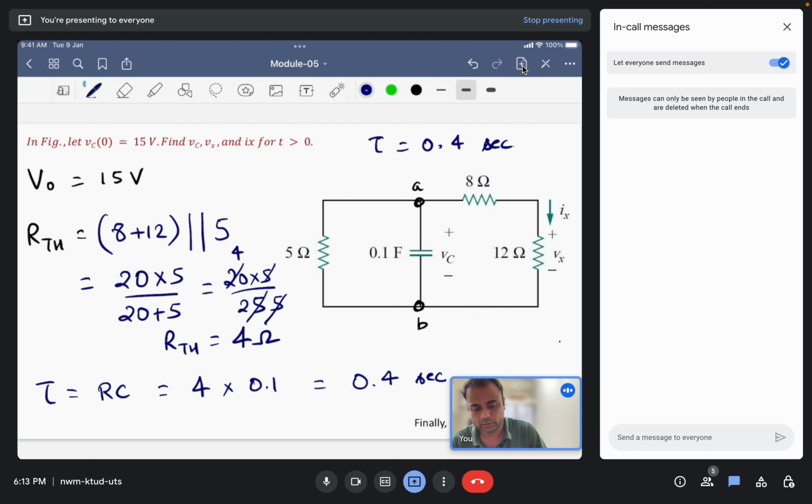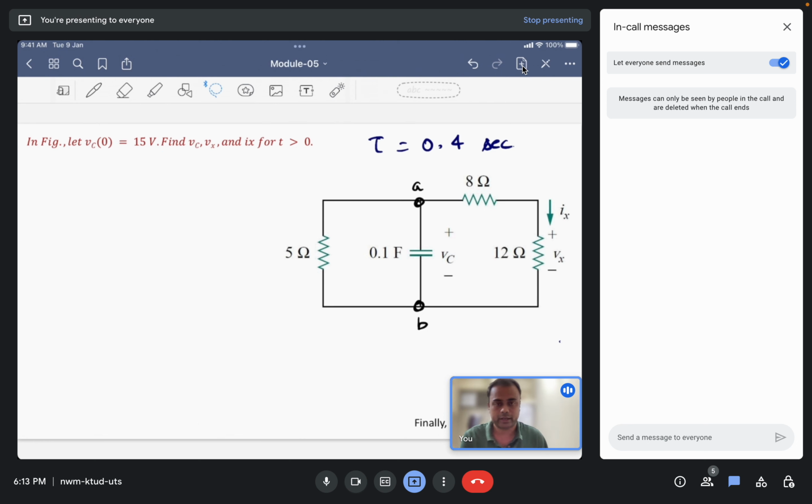So now we know the discharge function of a discharge curve. We have already derived the equation for this discharge function. Not derived, just revised the concept of at what rate the capacitor gets discharged. The formula for the voltage across the capacitor is given by V naught, the charge voltage at time equals 0, multiplied by the exponential function e, and this is a decay function, so there is a negative sign, minus t by tau.